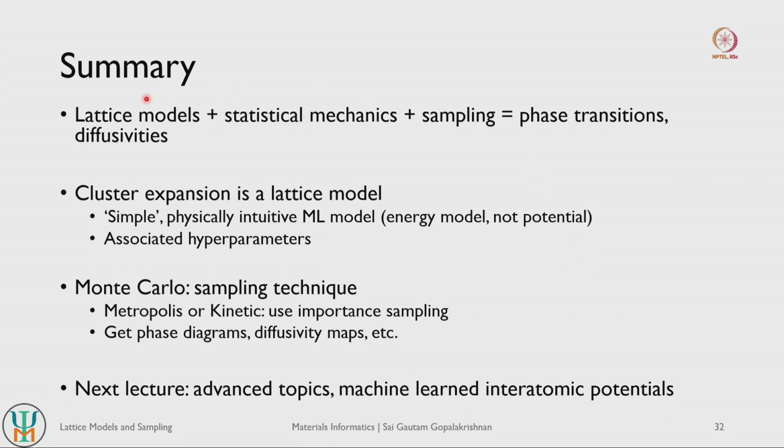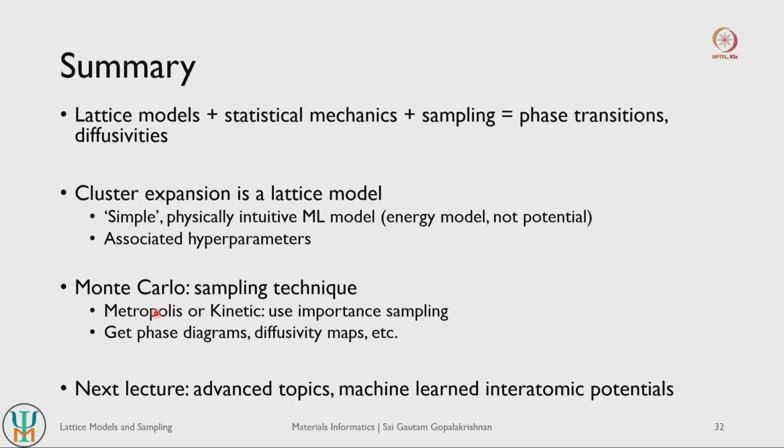With that, let's summarize and finish this lecture. At the beginning we looked at lattice models, with cluster expansions being a very important lattice model. We can use these techniques to generate fairly simple, physically intuitive models. There are also hyperparameters associated with cluster expansions, and we also briefly looked at Monte Carlo. We looked at Metropolis algorithms in a more detailed fashion compared to kinetic Monte Carlo.